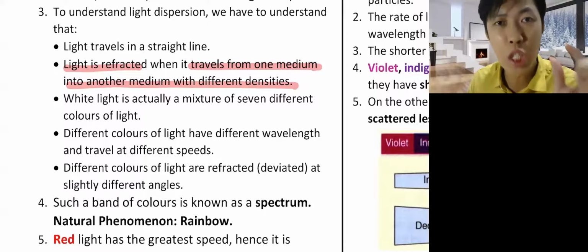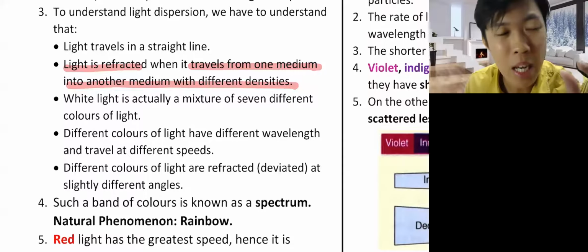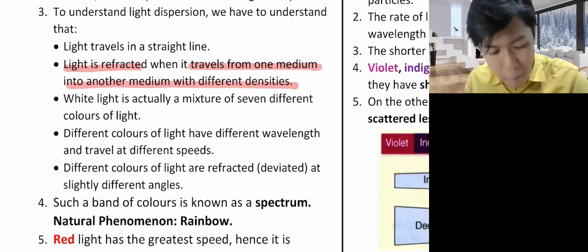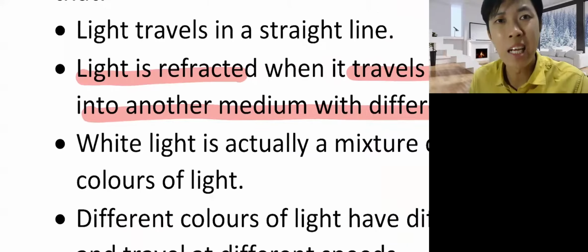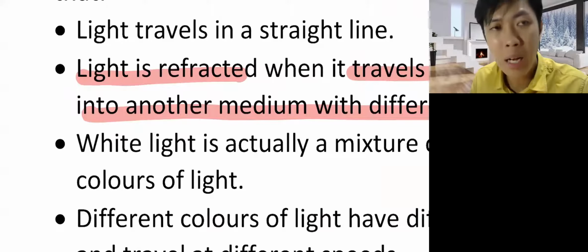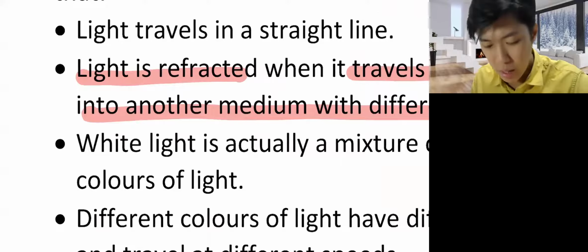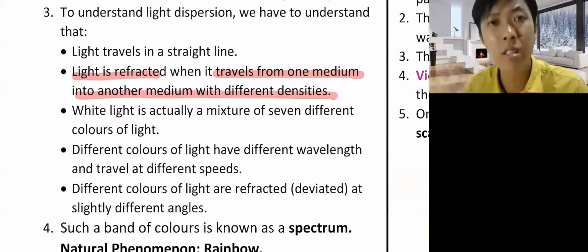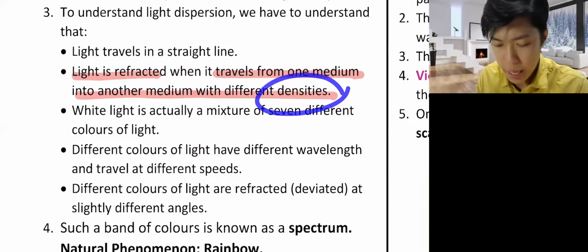When light slows down slightly, the light will bend. When light bends, we call that light refraction. In Mandarin, 折射. Okay? Because of different density.